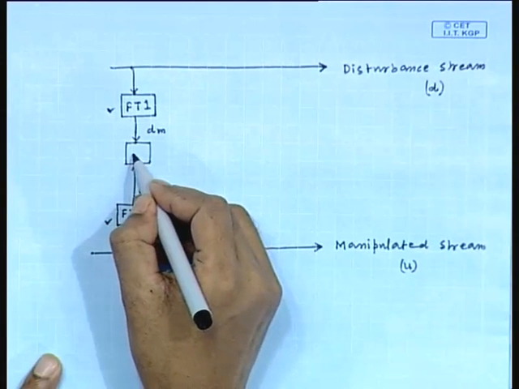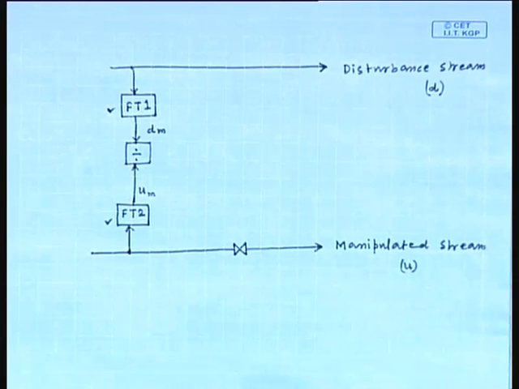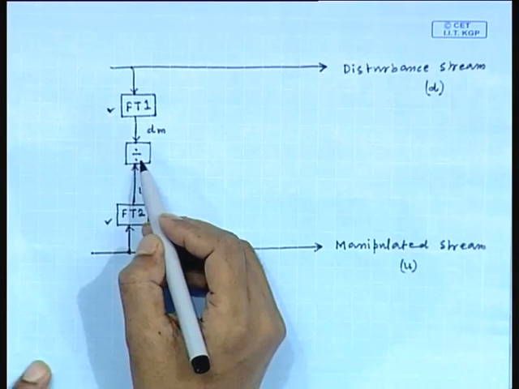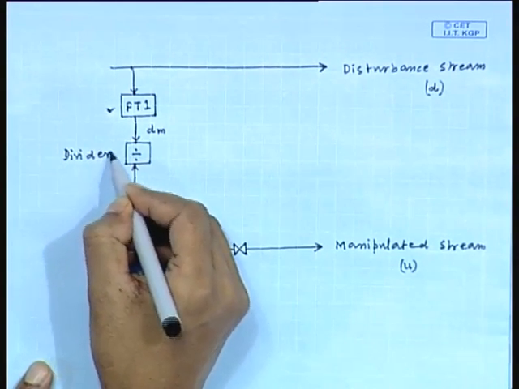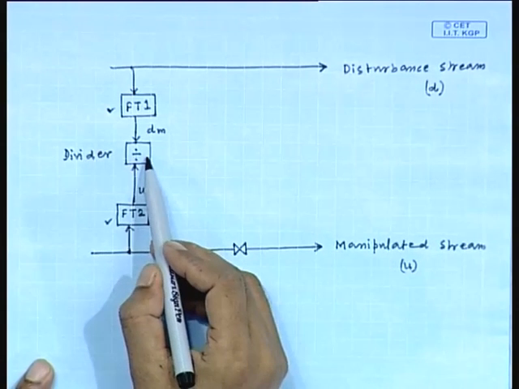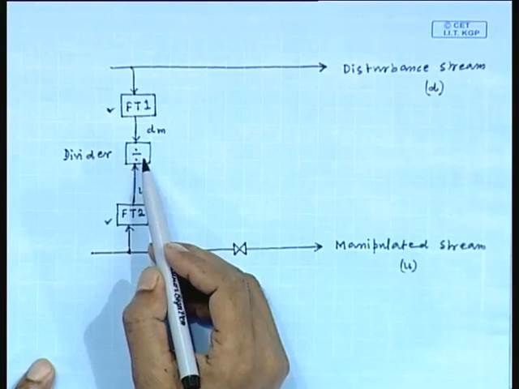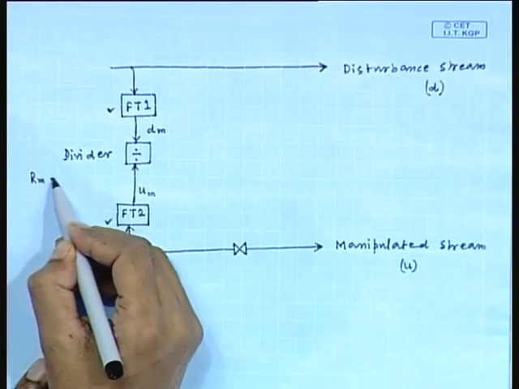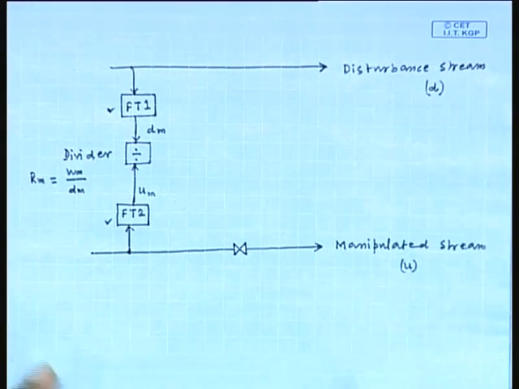Now, in the next step, it is required to compute the ratio. So, this is representing the divider. This is the divider which is computing the ratio U by D. In this divider, Rm is calculated using this expression U by Dm.